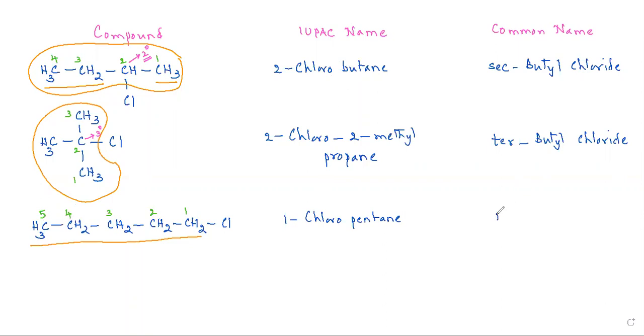So this is N-pentyl chloride. You can also say N-amyl chloride. Okay. And this, of course, is a primary alkyl halide.